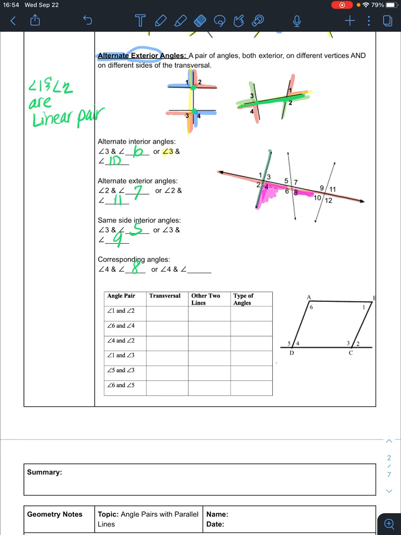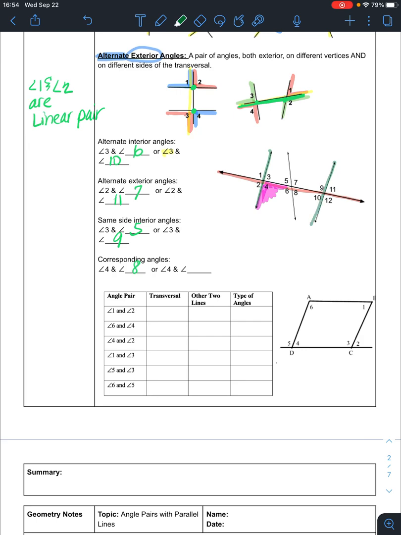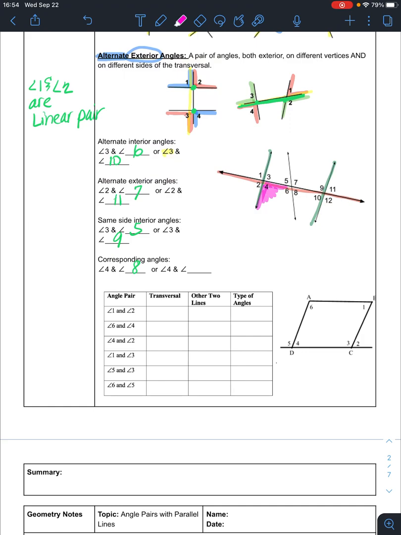Now, if we switch and look at the other side, just these two green lines, ignore the line in the middle, just look at those two corresponding. They need to be one in and one out. This is the only one you really have to memorize because it doesn't tell you. But here's what it means: corresponding means they're in the same location. Look at where 4 is. 4 is in the bottom right-hand corner of 1, 3, 2, and 4.